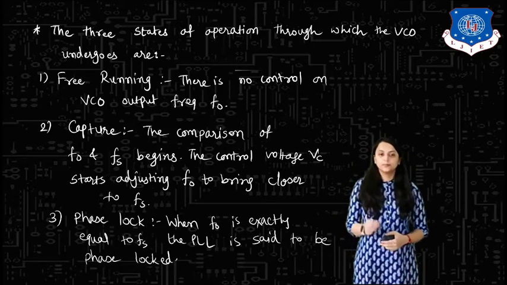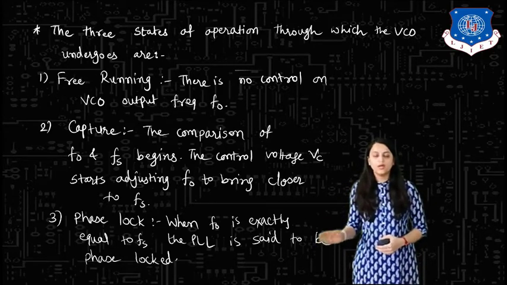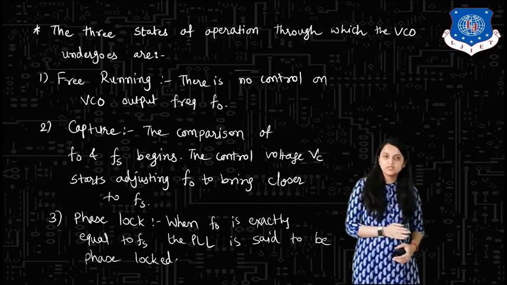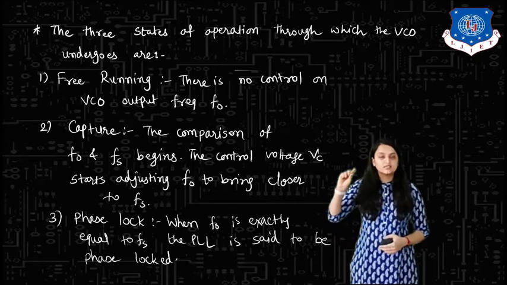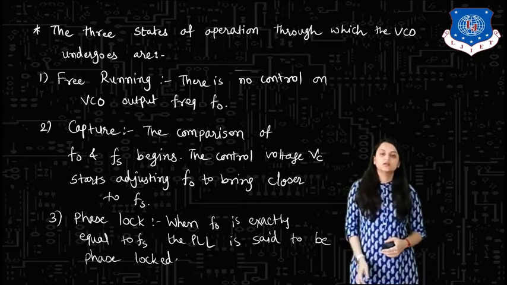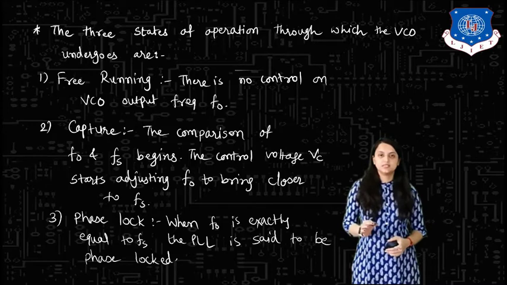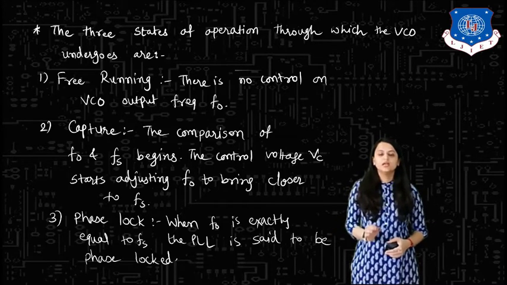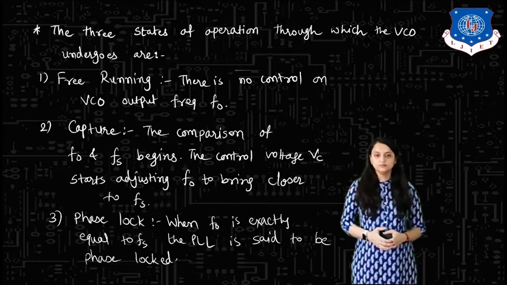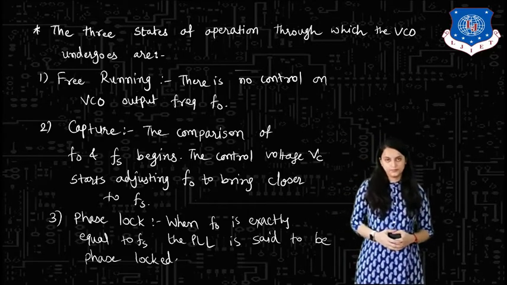In this, the comparison of FO and FS, that is output frequency and signal frequency, begins. That means it starts capturing the signal frequency. Here the control voltage VC starts adjusting FO to bring it closer to FS. This is the capture state.